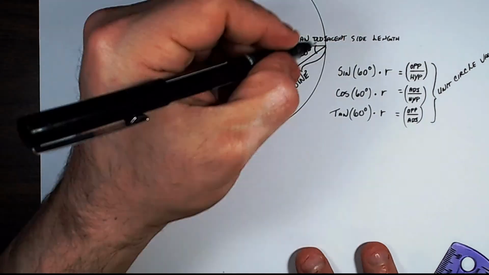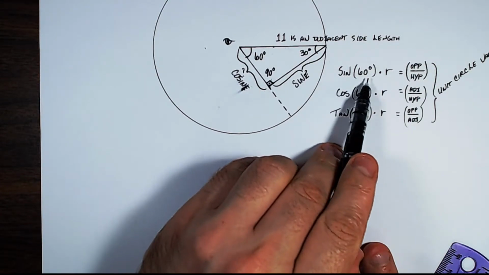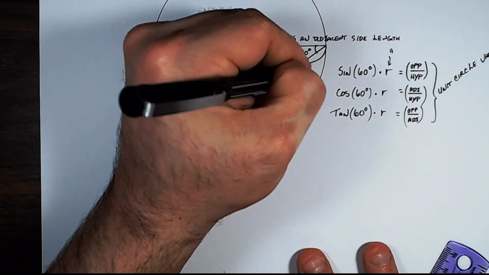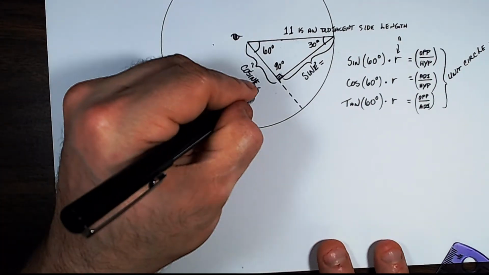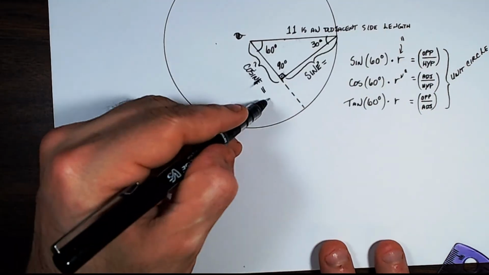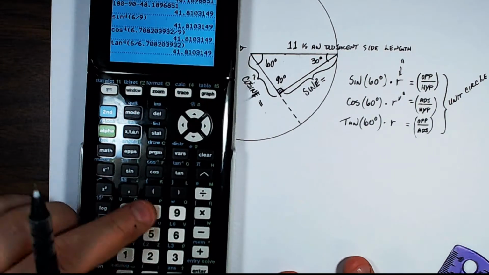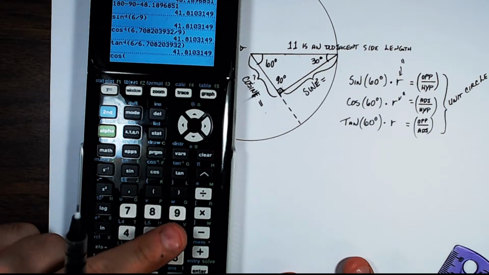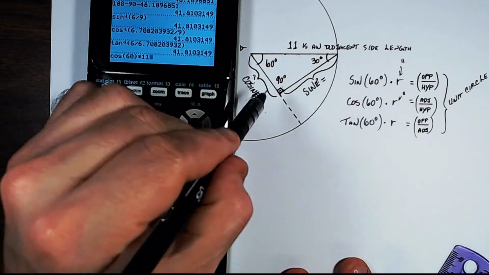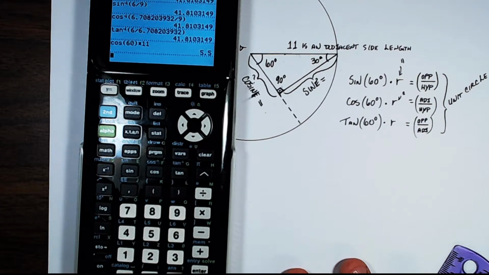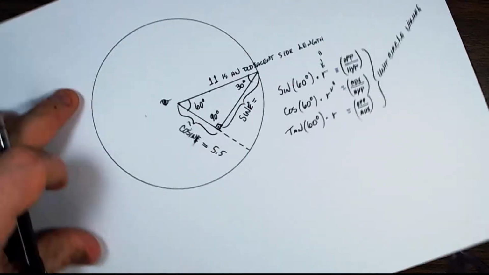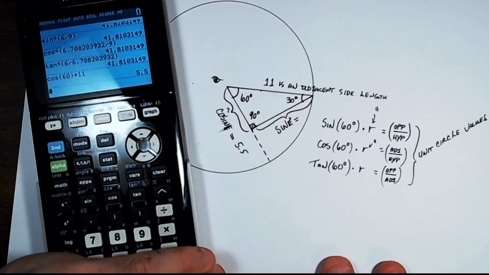Look, the sine of 60 degrees multiplied by r, which we know is 11, is going to equal this. The cosine of 60 degrees multiplied by r, which is 11, is going to equal this. So let's just do that real quick. Cosine of 60 degrees multiplied by 11 gives us this distance right here, 5.5. I don't know why my brain froze up there for just a minute. I was somewhat confused about what I was doing.